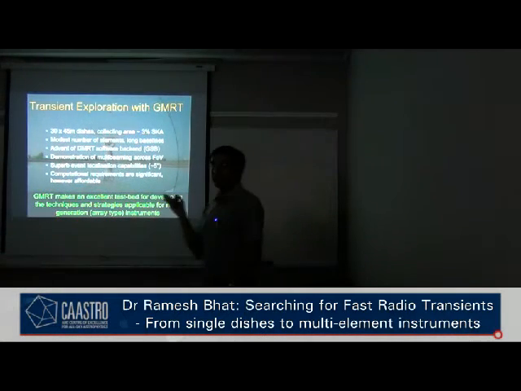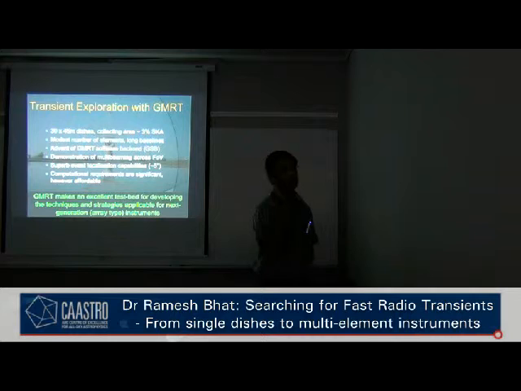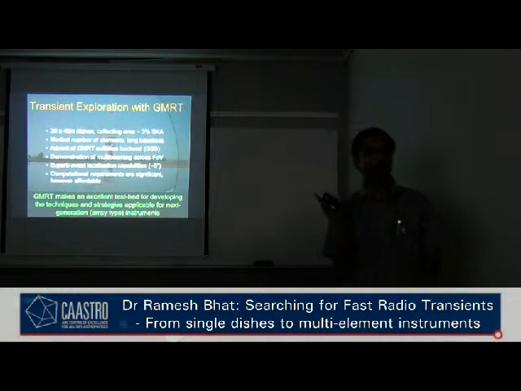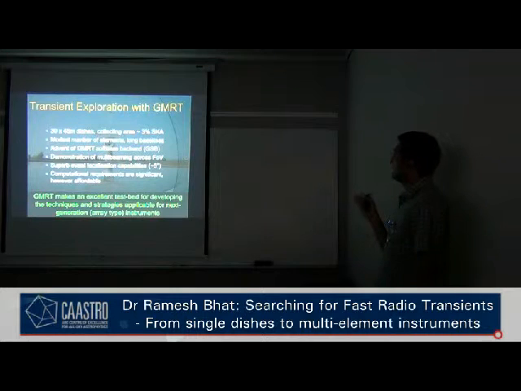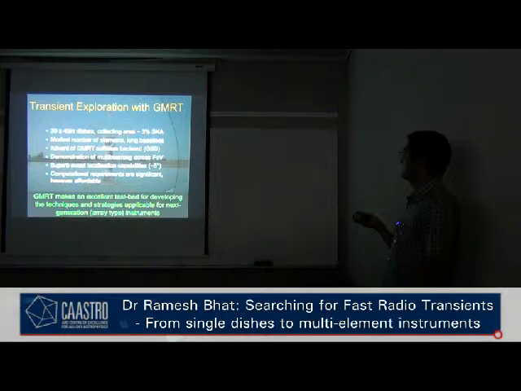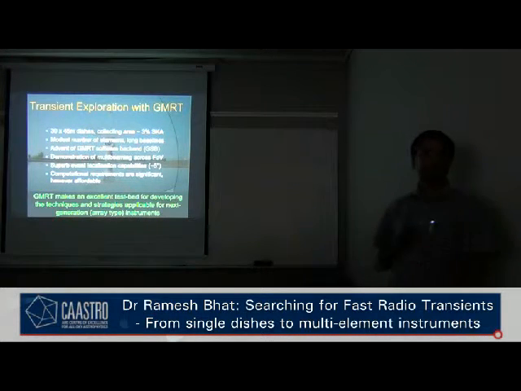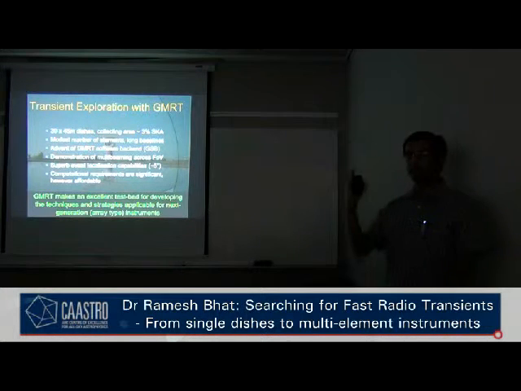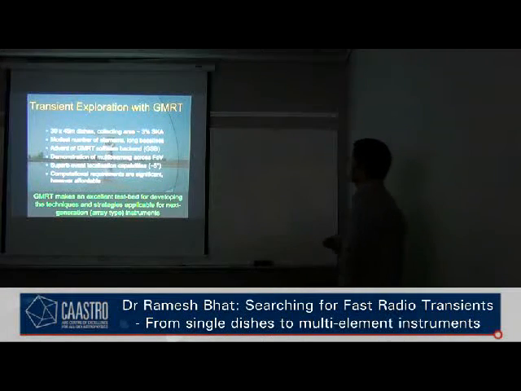So, GMRT is not an instrument that's specifically designed for transients, but it has some nice features that you can capitalize on to do some useful exploratory work. It has a pretty good collecting area, which means anything you do with the GMRT can be very sensitive exploration, because the aggregate collecting area of GMRT is almost 3%.